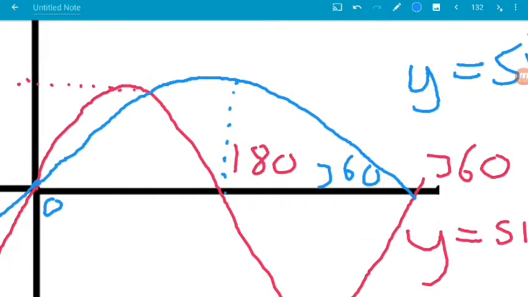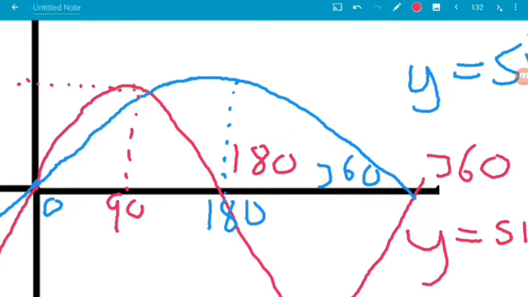Now what we're also going to talk about is where the peak happens. This is at 180 degrees. Now with sine of x, it was at 90 degrees. The reason this happens is with sine of 1/2 x, when x is 180, 1/2 of x is 90.